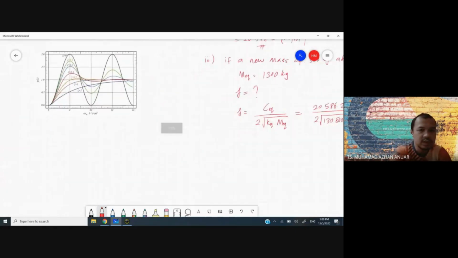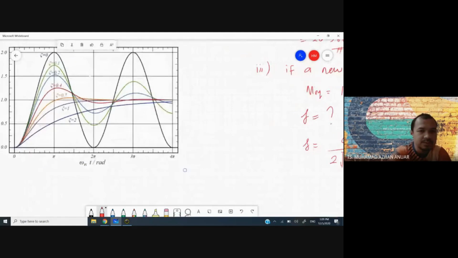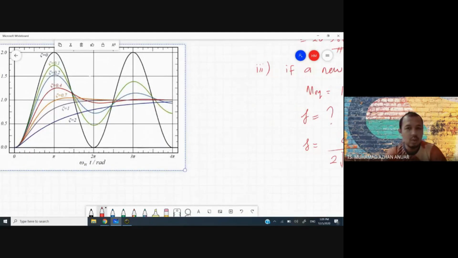To discuss it, I put this particular plot. When you increase the mass of the system, the damping ratio will decrease. That is the first discussion. If the damping ratio decreases, it means that the time to decay is going to increase.